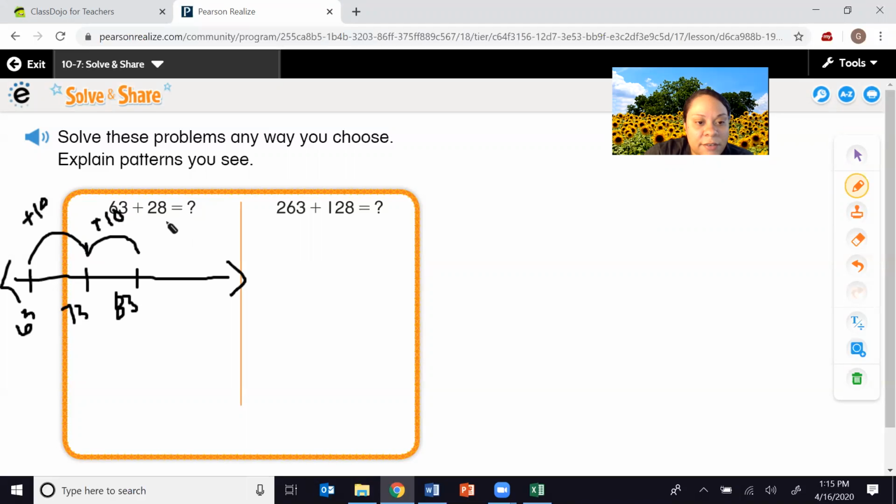And I'm not done here. I still have to do my ones. I have 8 ones. So how do I want to break apart that number? What would be easiest? From 83, I think I'll do 2 hops. One of plus 7. That looks weird.